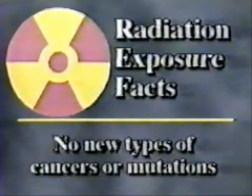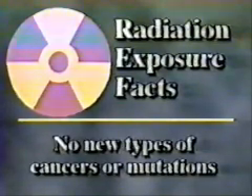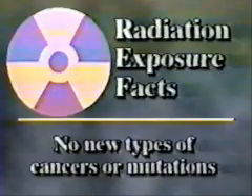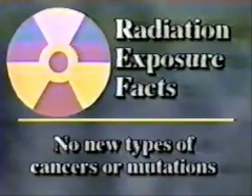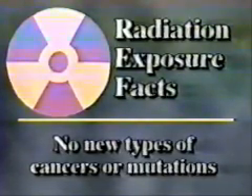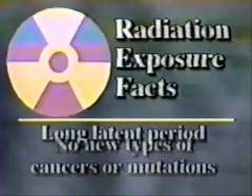No new types of cancer or mutations have been observed as a result of radiation exposure in humans. All of the known effects observed were known before radiation was discovered. When radiation-induced cancers have been observed, they were only seen as an increase in the normal rate of that particular cancer in the general population.